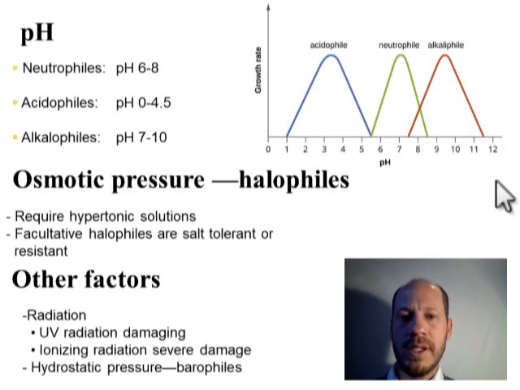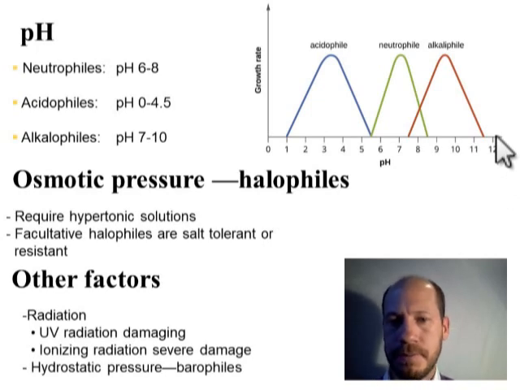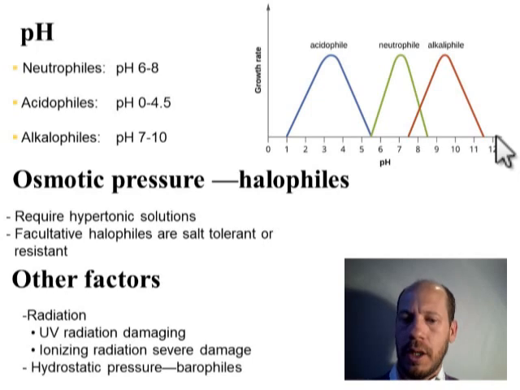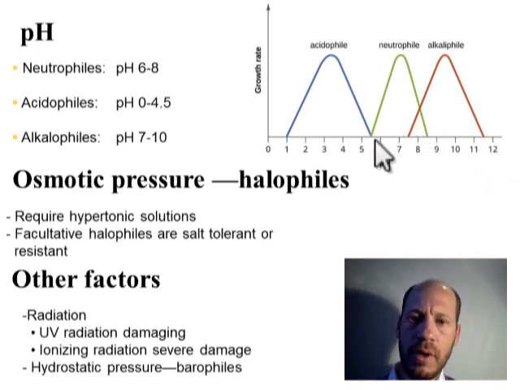And you will have the ones that like very alkaline conditions. You call them alkalophiles, also known as alkaliphiles. This is very important. Normally most bacteria are neutrophiles, and the majority of fungi tend to like more acidic conditions than the bacteria.